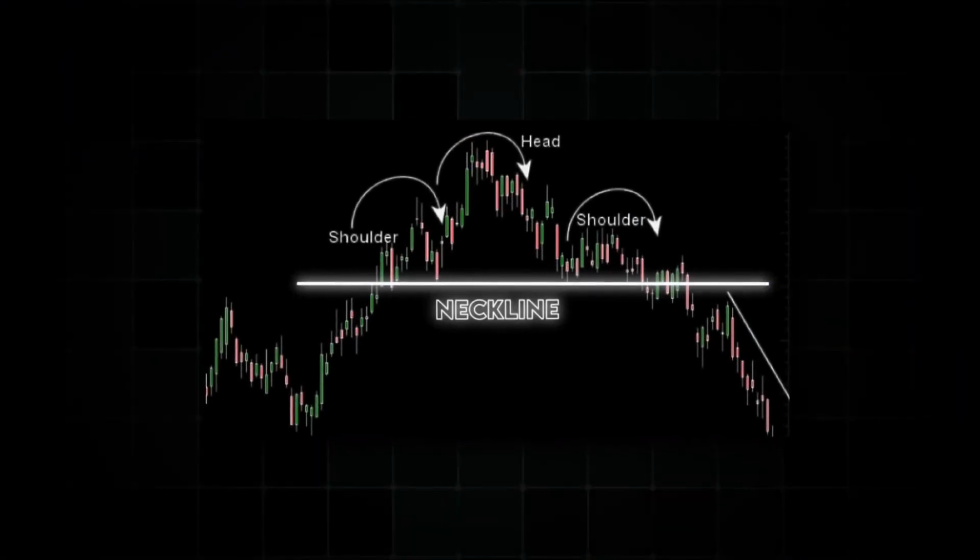So the head and shoulders pattern happens at a high of a trend, where you can have what looks like a potential head and shoulders. It is not a confirmed head and shoulders until it breaks and retests the neckline of the actual head and shoulders. So this consists of three different peaks, but not all at the same level.